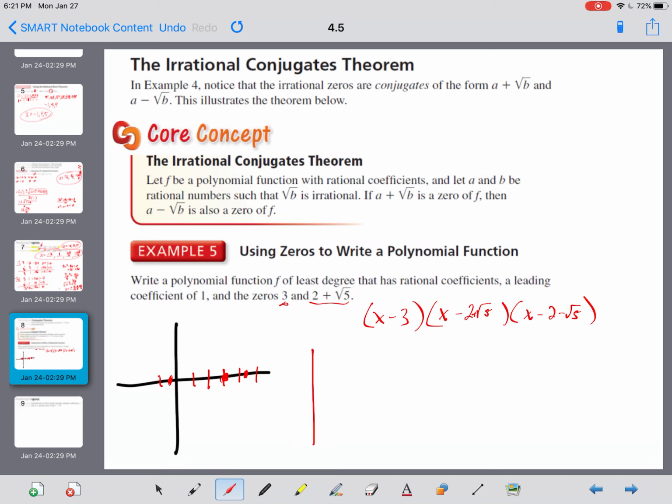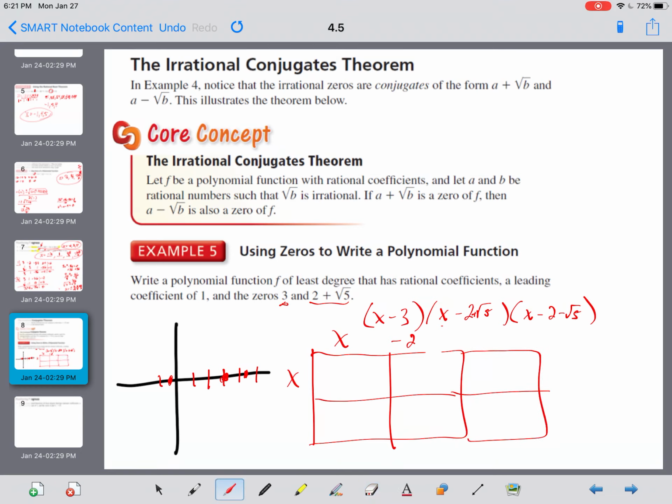So I'm going to do it in a box. I've got x, I've got minus 2 minus the square root of 5. Everybody times everybody. 3 different terms. We need another box. And minus the square root of 5. And we need another box this way.